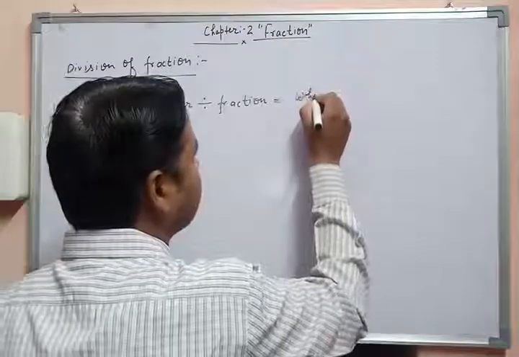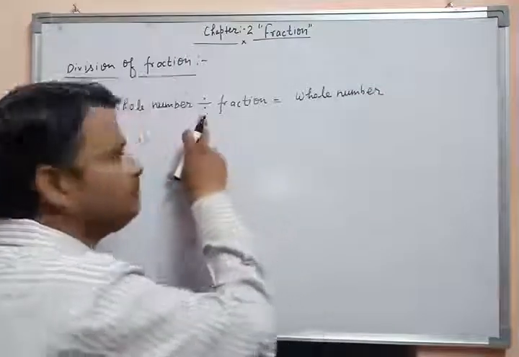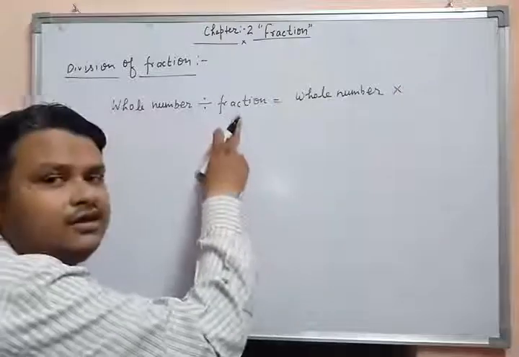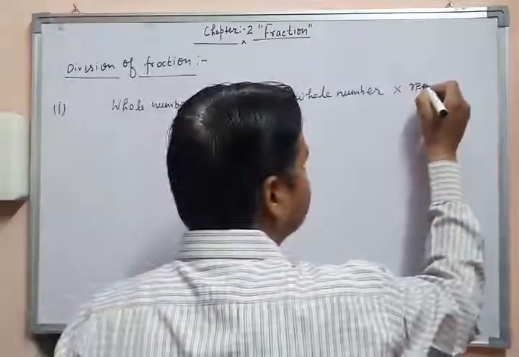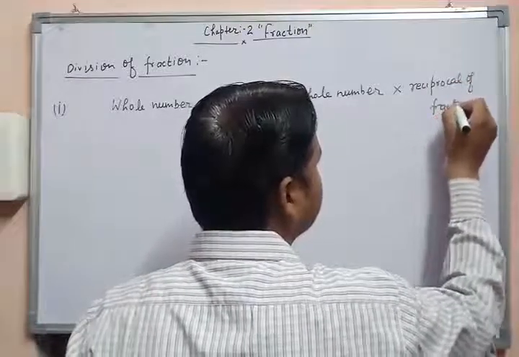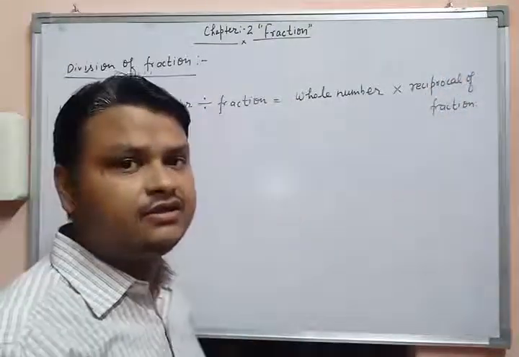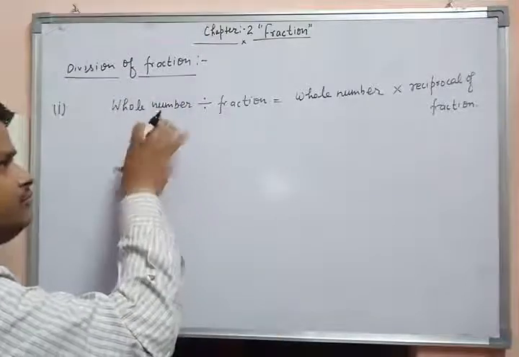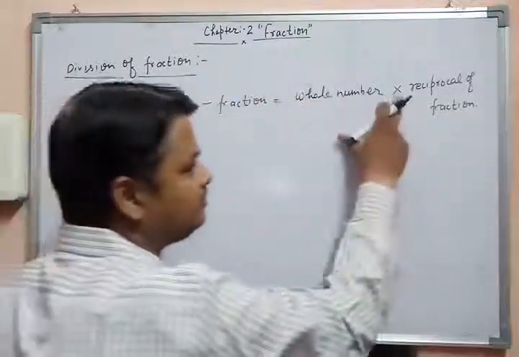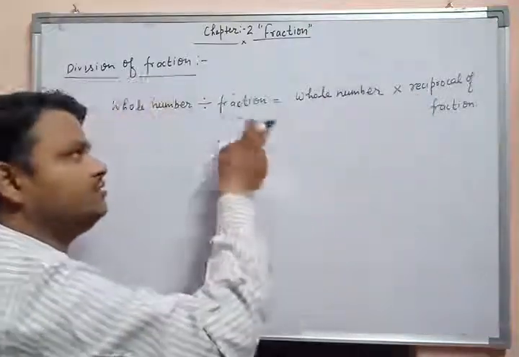First of all, you have to write the whole number, remove this division operator and replace it by the multiplicative operator, and write the reciprocal of the fraction. So students, this is the concept which you have to learn: if you want to divide a whole number by a fraction, then you have to remove the division operator by the multiplicative operator, and after that you have to write the reciprocal of that fraction.